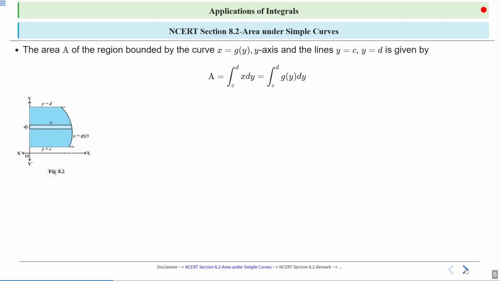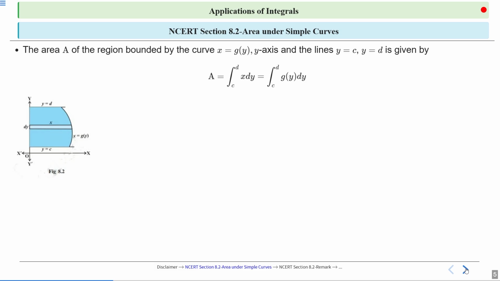But in the previous figure 8.1, the height of the elementary strip is y, and the width is dx. So in that figure, we integrate from x = a to x = b and calculate the definite integral of f(x) dx from a to b to find the area.